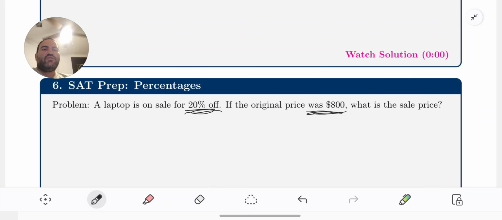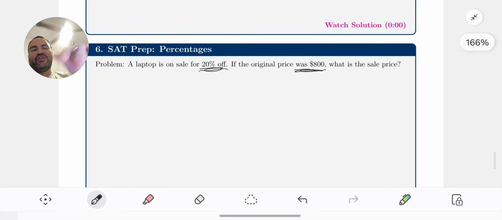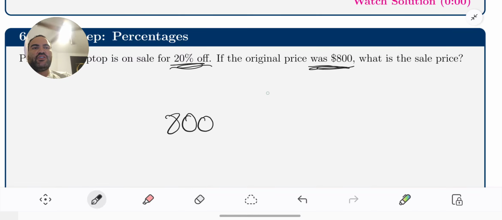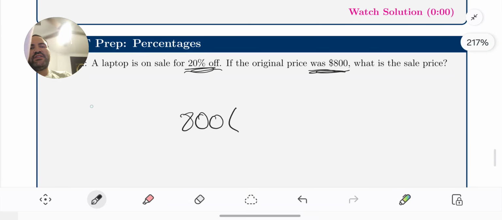There's a couple ways you could do this. The average student would definitely look at the multiple choice answers. We're gonna do no multiple choice just because we should know how to do it regardless. So what the average student's gonna do is 800 times, you're gonna change 20% to a decimal.